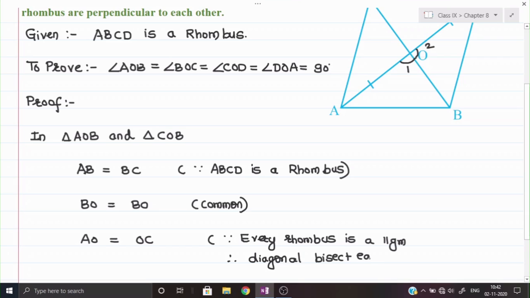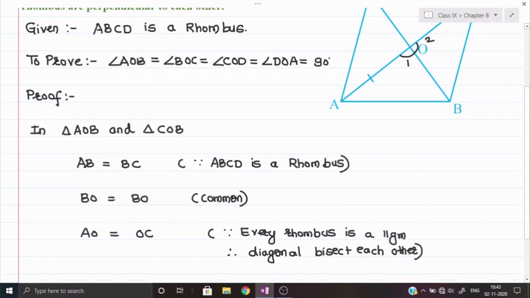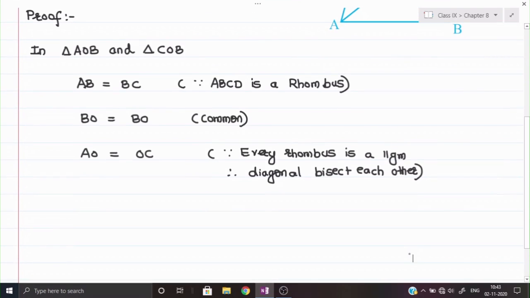So if diagonals are bisecting, then AO and OC will be equal always. Now you see, with the help of sides, the triangles are becoming congruent. So we can say now, therefore, triangle AOB is congruent to triangle COB. Okay, that we will say by the SSS rule.